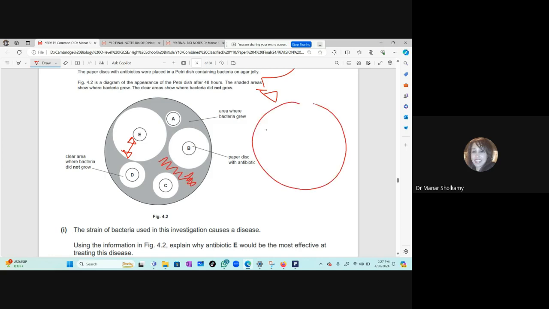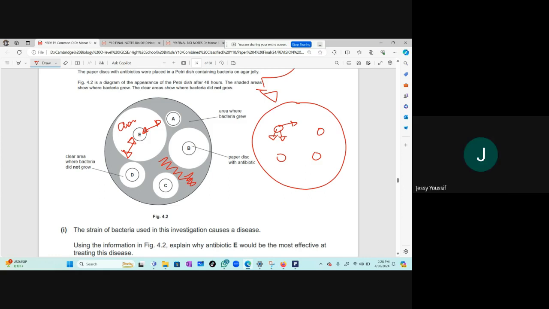I started with a Petri dish that is filled with bacteria. I will put different antibiotics. These antibiotics will diffuse out. As they diffuse, they will kill the bacteria and they will create a clear zone. So the bigger the clear zone, the more the dead bacteria. Now tell me, which antibiotic is the best one to choose for this infection?